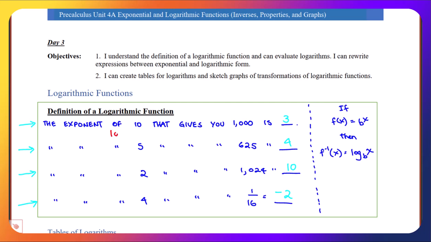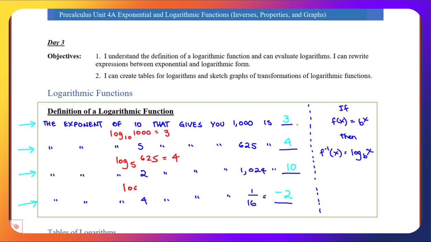The exponent of 10 that gives you 1,000 is 3. All we're doing is taking this idea and writing it in a different way. The exponent of 5 that gives you 625 is 4.